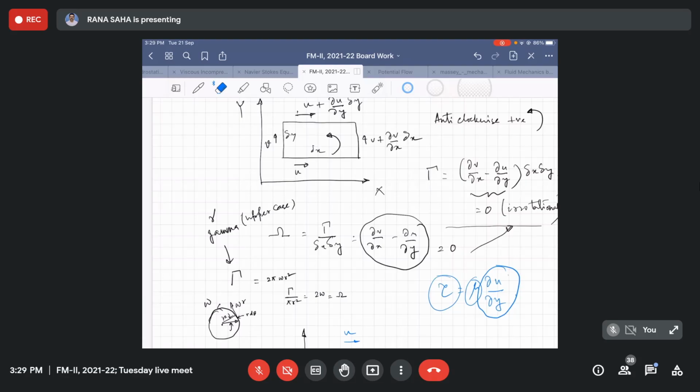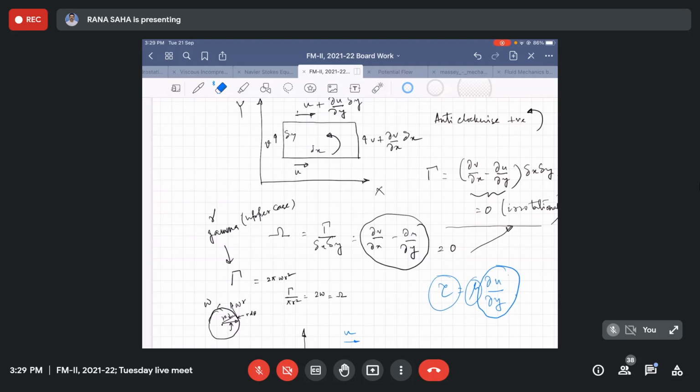Like, the uniform flow pattern, or it is also known as the rectilinear flow pattern, where we have a velocity which is uniform along one axis. Here we have taken the y-axis along which the velocity is uniform, and only one component of velocity we are having, that is our x component velocity.